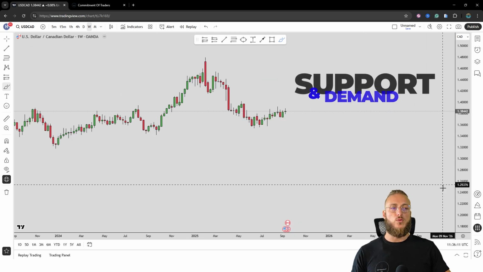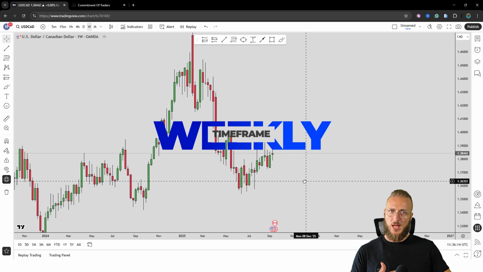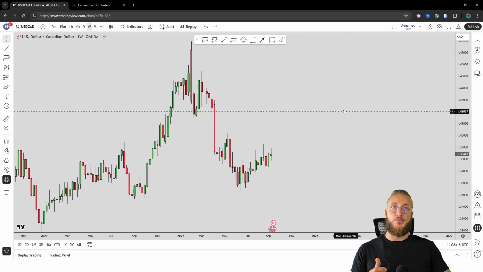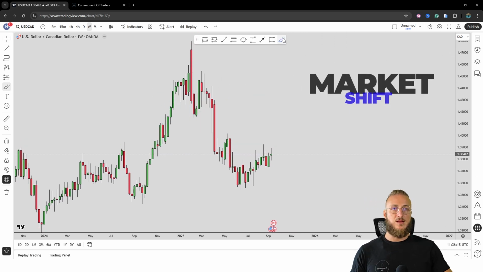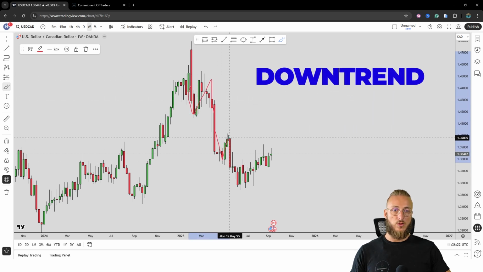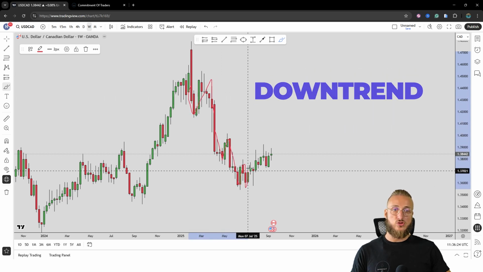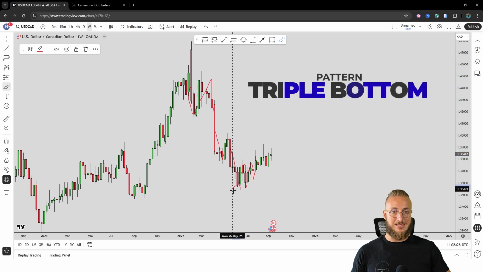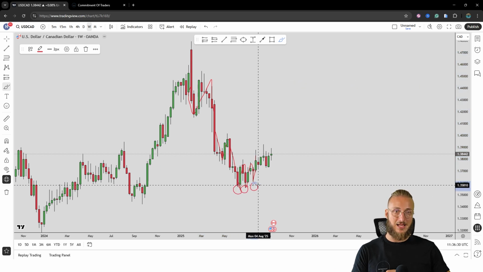Dropping down on the weekly time frame, what do we see? Now here on the weekly, we can notice a perfect inversion of trend. The market went from the creation of weekly lower lows and lower highs to then seeing this triple bottom created exactly at this level. We can see three lows created exactly here.